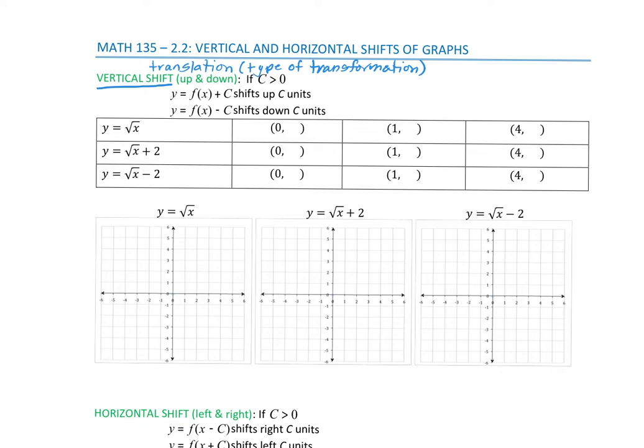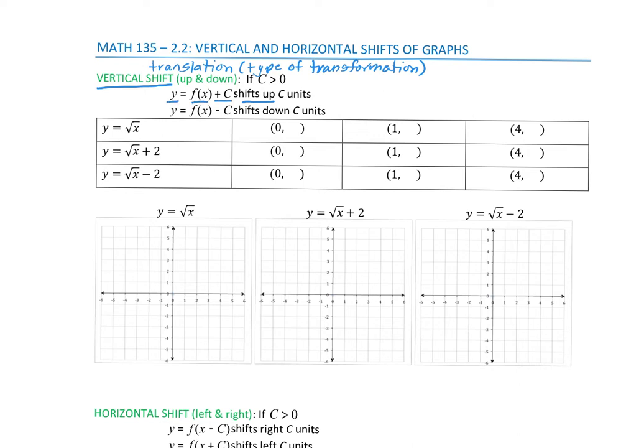When we think vertical, we should think vertical line, think the y-axis. When we shift a graph vertically, what we're doing is changing the y value. So if we shift up, which would be this first shift, that would be adding some value to the y.